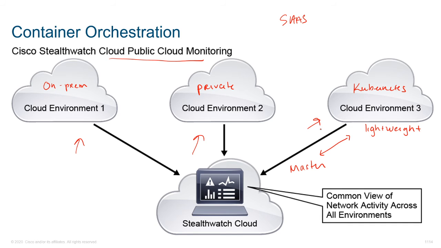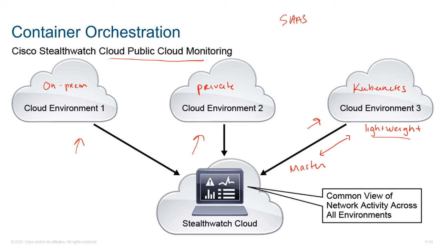Even with Kubernetes deployments, we can have a master node that basically communicates with all of our lightweight sensors that are deployed on those Kubernetes nodes. And then StealthWatch does its thing where it starts to monitor, it creates a baseline, and then it tries to detect any anomalies.